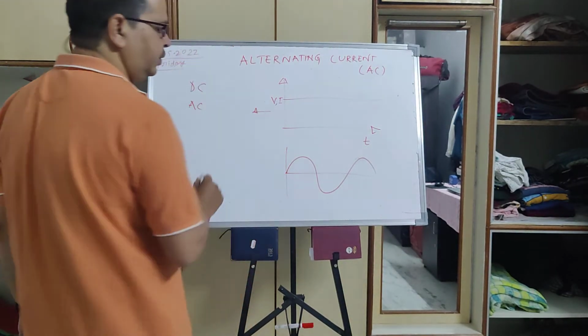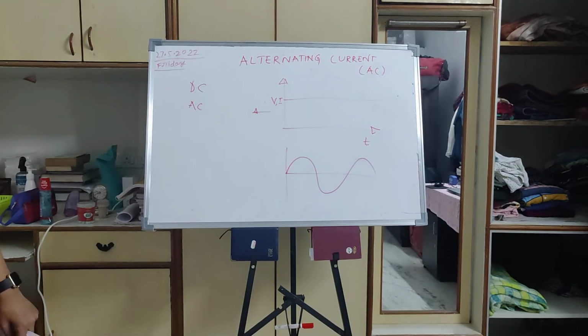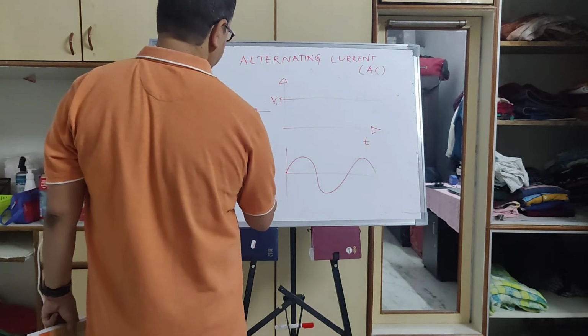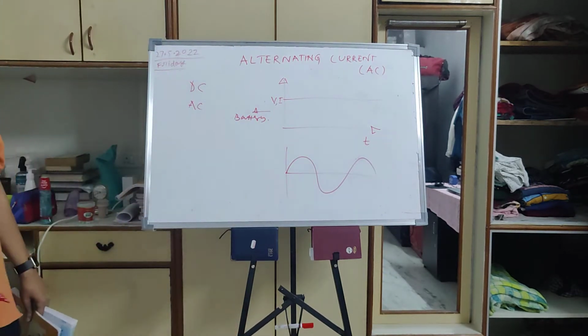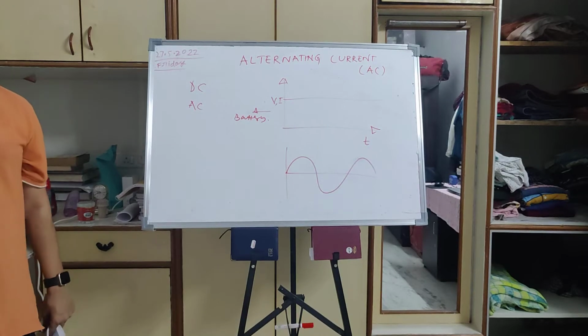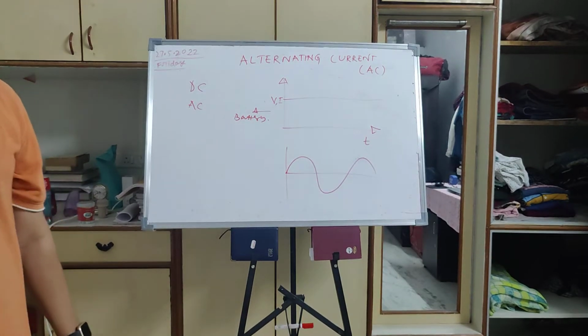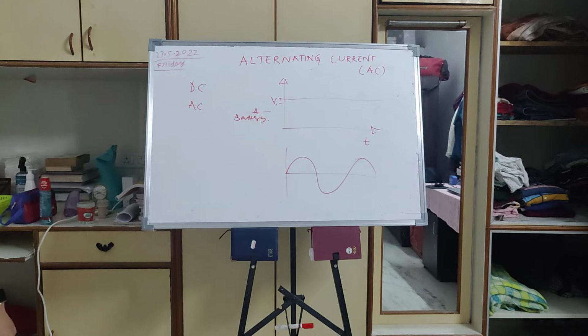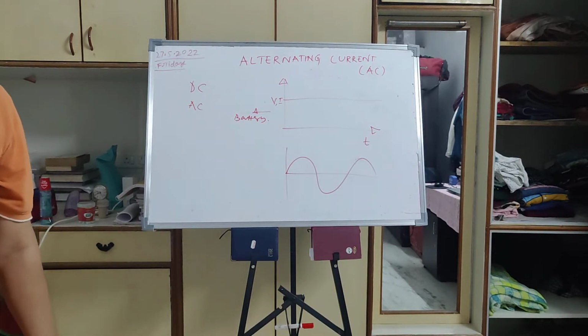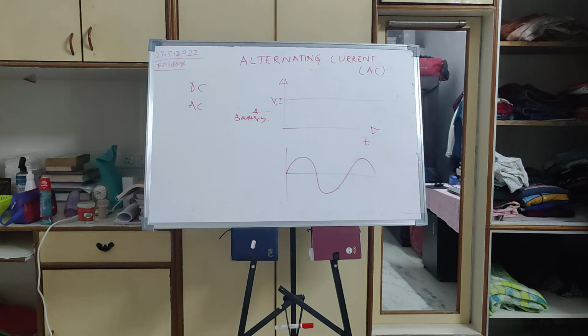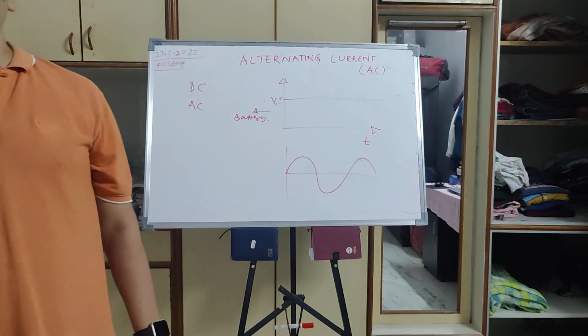Examples of DC are your battery and your cells. But AC is what we use in many household applications, not all. Like you have a DC motor and you have an AC motor, and in a DC motor you will use DC.